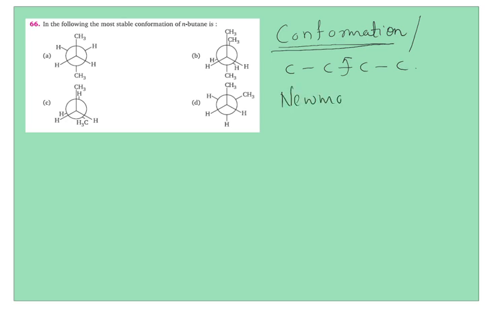What are Newman projections? Like what is given here in the options. They are called Newman projections, where the carbons, say the second and third carbons, are considered as a front carbon and a rear carbon, or near carbon and far carbon. Let's say carbon number 2 is taken as the near carbon, which is close to me.